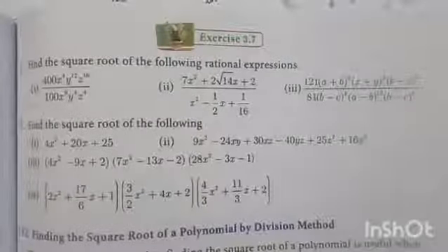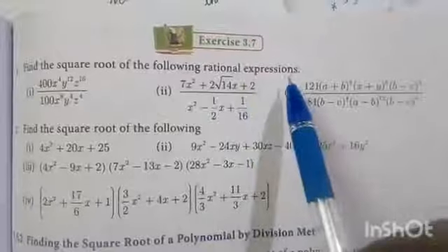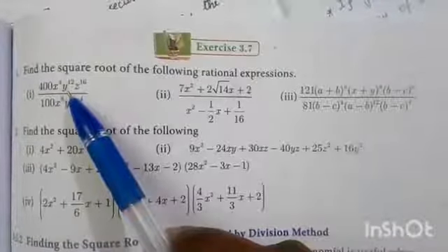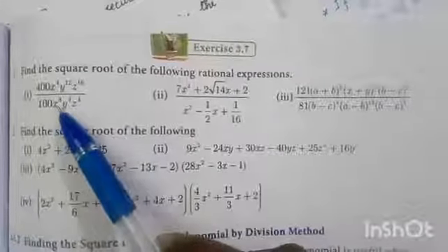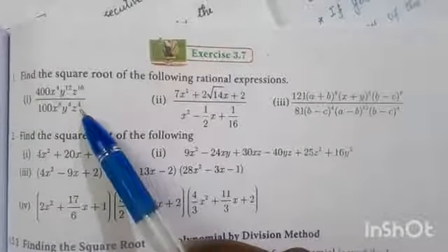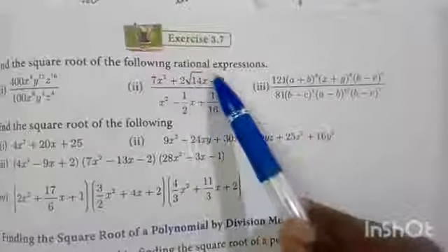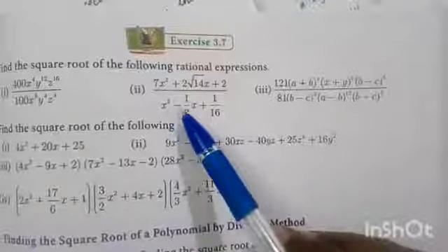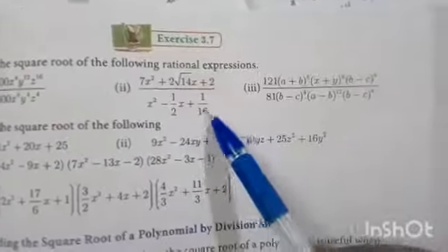Exercise 3.7, first problem, find the square root of the following rational expressions. 400 into x power 4 y power 12 z power 16 by 100 into x power 8 y power 4 z power 4. The second problem, 7x square plus 2 into root 14x plus 2 whole divided by x square minus 1 by 2x plus 1 by 16.